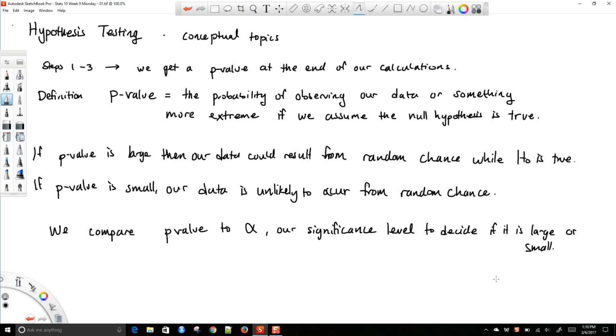And so we often use alpha equal to 5%. But it doesn't have to be 5%. We can choose a larger alpha. We can choose a smaller alpha depending on the context of the situation.